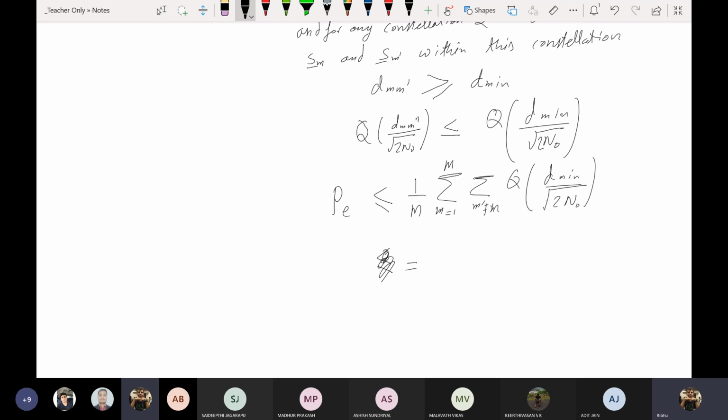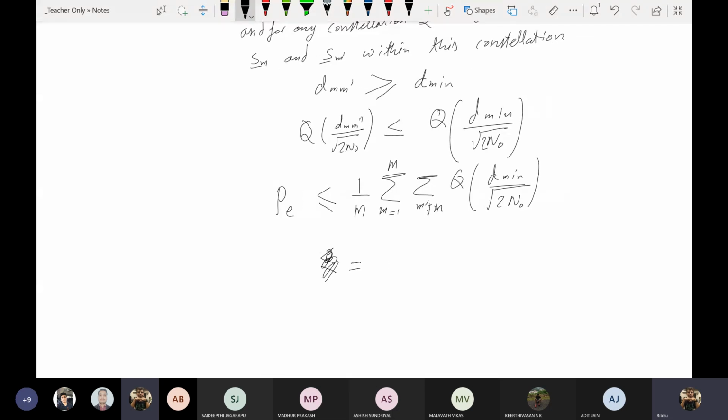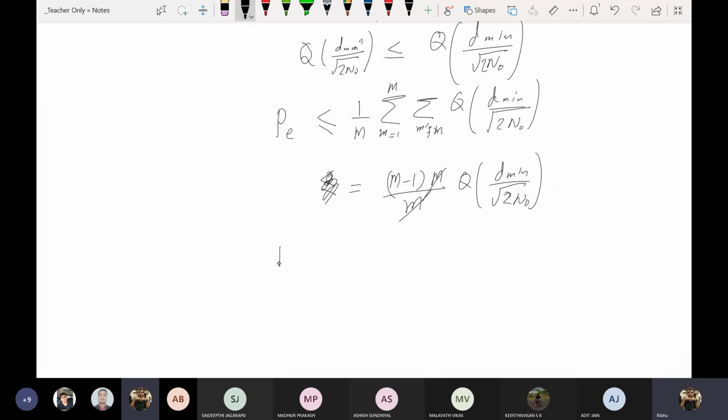So this is equal to d_min and 1 over M times (M minus 1) times M, Q of d_min by root 2 N naught. So the probability of error is less than or equal to (M minus 1) Q of d_min by root 2 N naught.